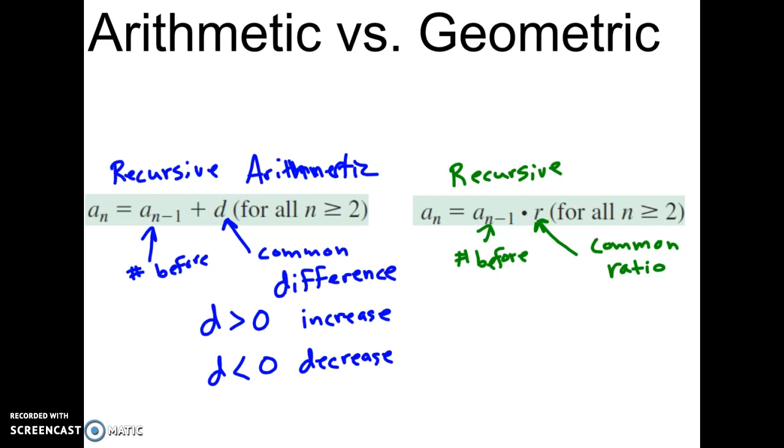And so if we have r is greater than 1, we're increasing. And if r is between 0 and 1, we're decreasing.